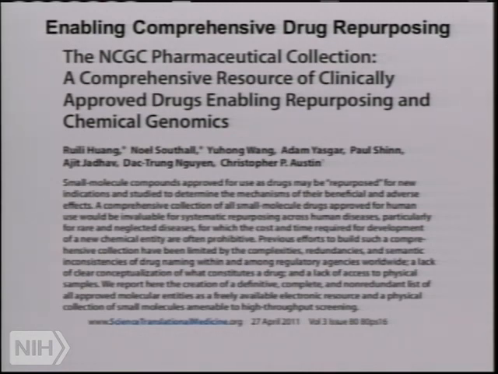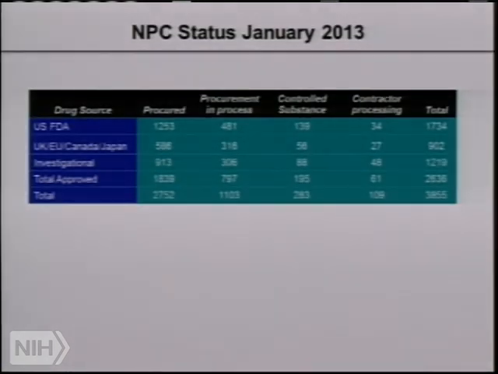Others have just gone through clinical trials, shown to be safe in humans, but have not been approved for various reasons, business reasons or efficacy and so on, but have been through most of the preclinical development. So we made the browser and database available to the public, and we also began our work on collecting the physical samples. So here is roughly the breakdown.